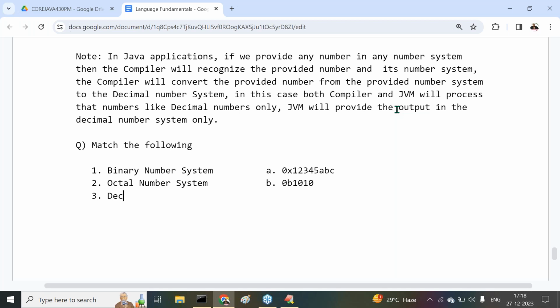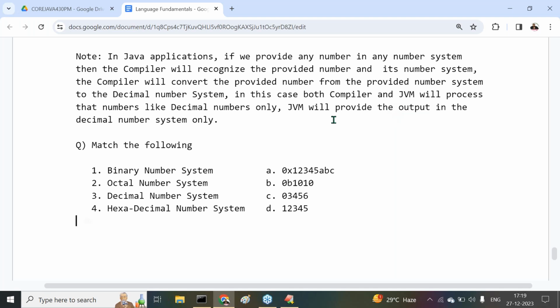Number three, decimal number system, C: 0 or maybe 03456. Then hexadecimal number system, D: directly 12345. Like this we are getting some points here.